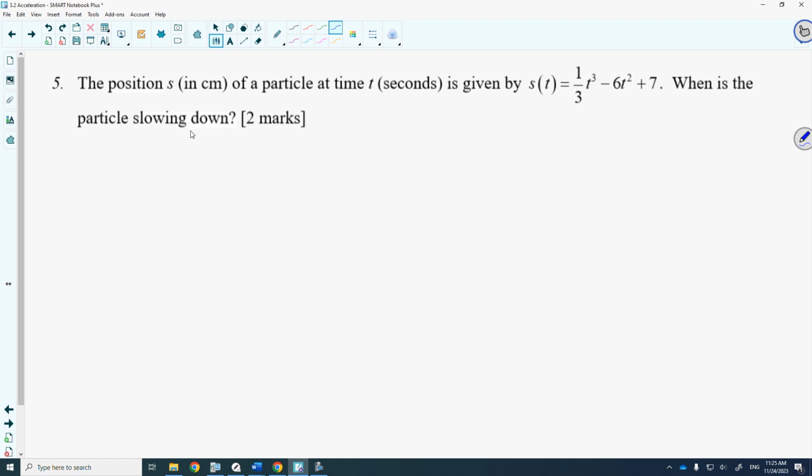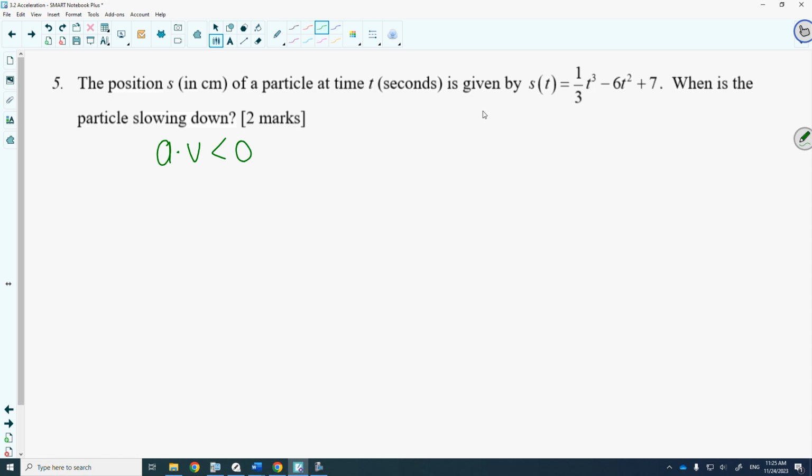So a particle is slowing down when a times v, is it going to be greater than 0 or less than 0? Less than 0. Okay, so I want to look at my velocity function and I want to look at my acceleration function. I'm given my position function.